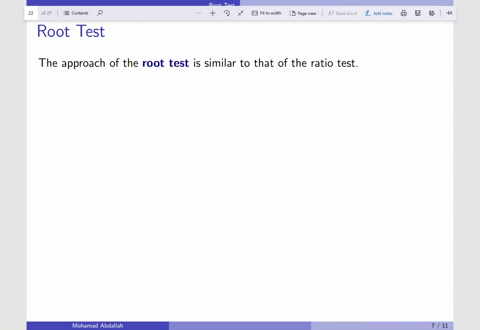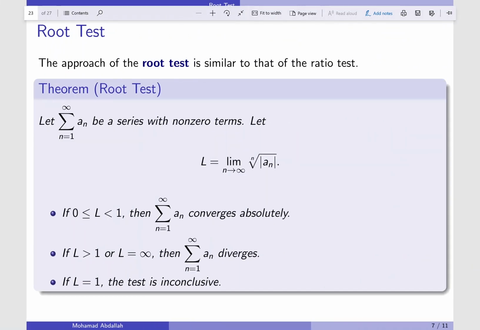Here's another test, very similar, as you will see. It's called the root test. The theorem says that instead of taking the limit of a(n+1) over a(n), we take the nth root of a(n). And you can see that the results are very similar.